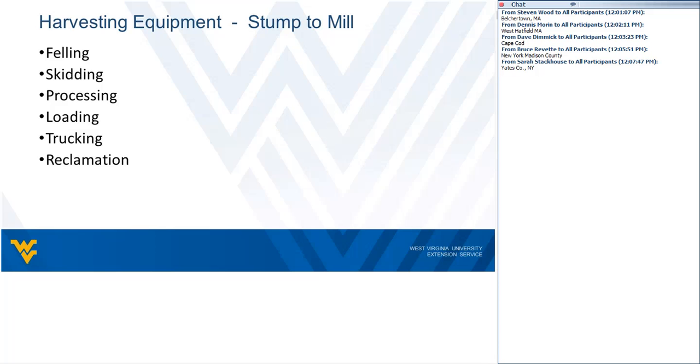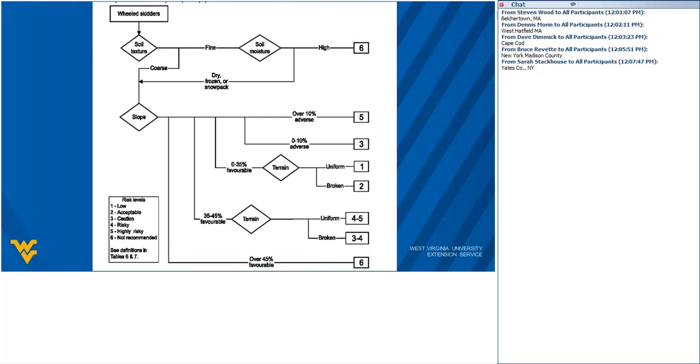Then we have the truck moving the log to the sawmill. And the final step here would be coming back and making sure that the land is reclaimed in such a manner that we are going to protect that site from degradation over time, with water and soils being left on the site there.